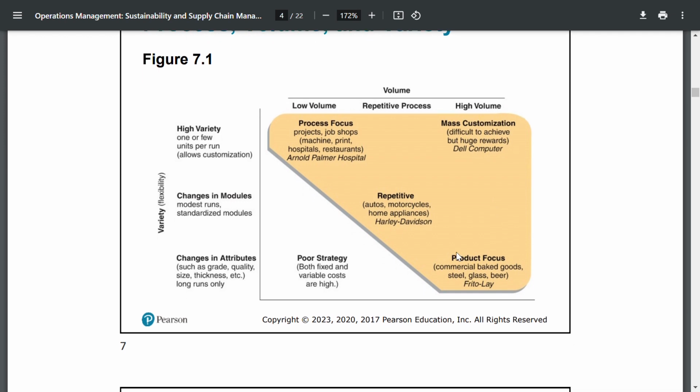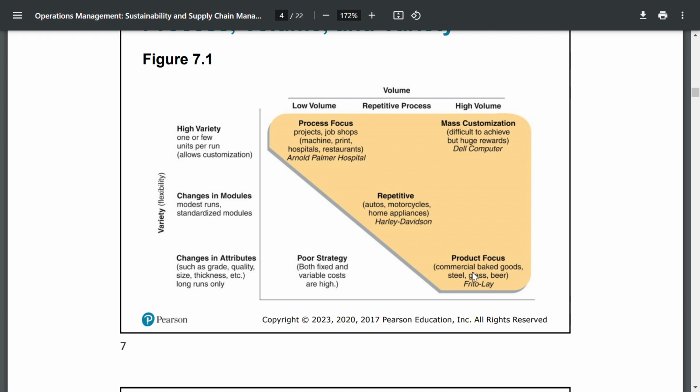And so now moving on to the product focus. The product focus is also a high volume strategy, but it has very little changes in attributes, and that's basically something we mostly see in major products that are mass produced for basically the globe, for everyone.